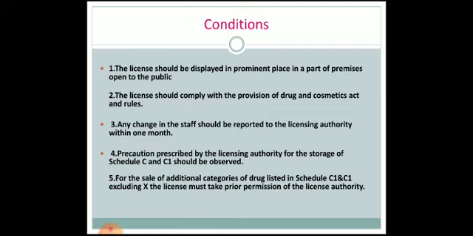Any change in the staff should be reported to the licensing authority within 1 month. Precautions prescribed by the licensing authority for the storage of Schedule C and C1 drugs should be followed. For the sale of an additional category of drugs listed in Schedule C and C1 excluding X, the licensee must take permission of the licensing authority.